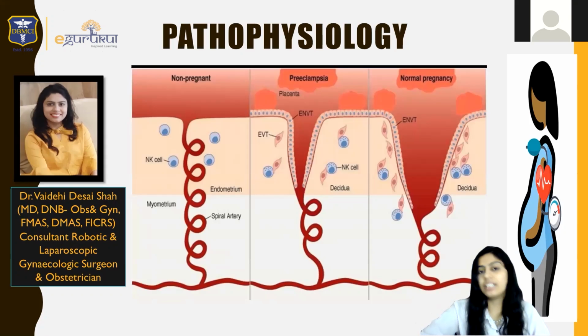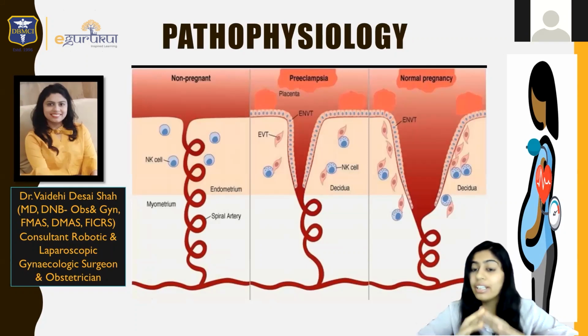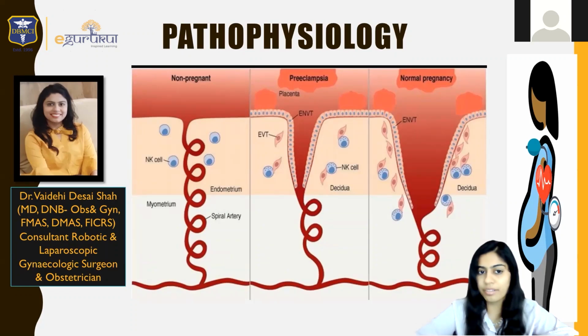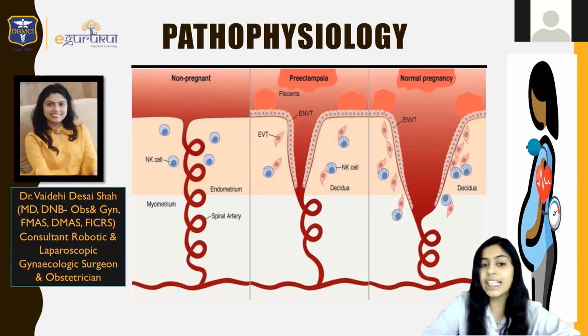To understand the pathophysiology of preeclampsia, understanding of placentation is very, very important. As you can see in this beautiful picture, in a non-pregnant female there are cytotrophoblastic cells which invade the spiral arteries, and the spiral arteries are totally coiled.